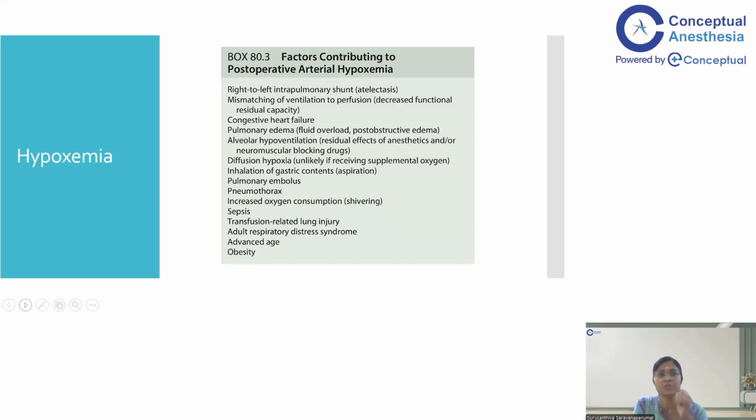If we have not used a recruitment maneuver in an obese patient or in whom there is already a lung pathology, or a reverse Trendelenburg position, or a ventilatory strategy that would nullify the atelectasis, then the patient may get a right to left intrapulmonary shunt, especially after upper abdominal or major abdominal surgery. And decreased functional residual capacity can lead to mismatched ventilation perfusion ratio.